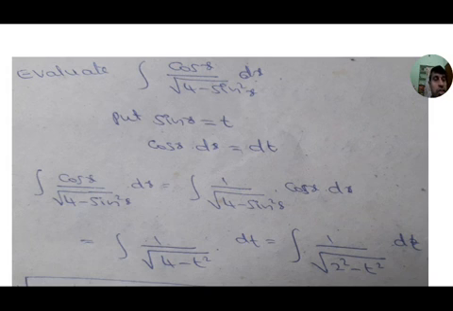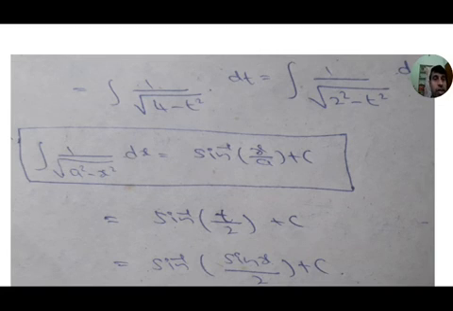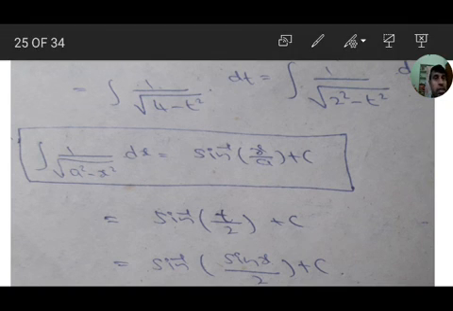Substitute these two values, it will convert it into standard form, that is in the form of 1 by square root of a square minus x square dx is sin inverse x by a. First it is in the form of t, so in the place of x it is t and a is 2, so that is sin inverse t by 2. Then substitute t value, we get sin inverse of sin x by 2 plus c.